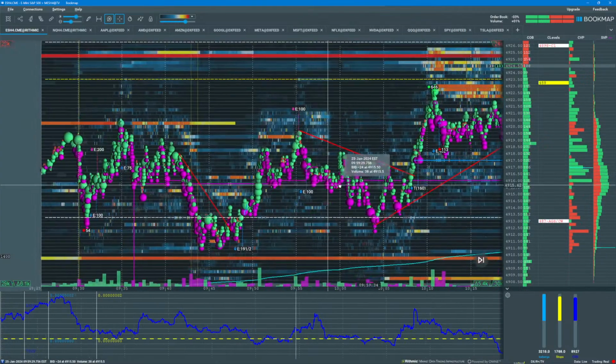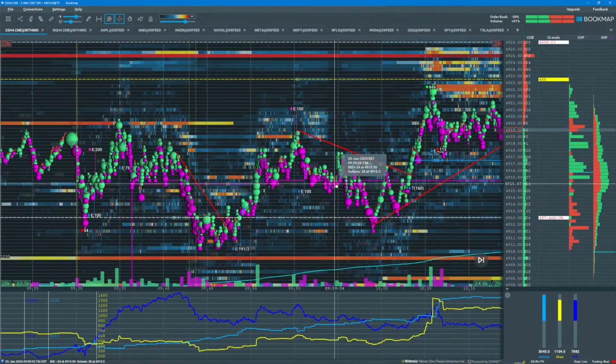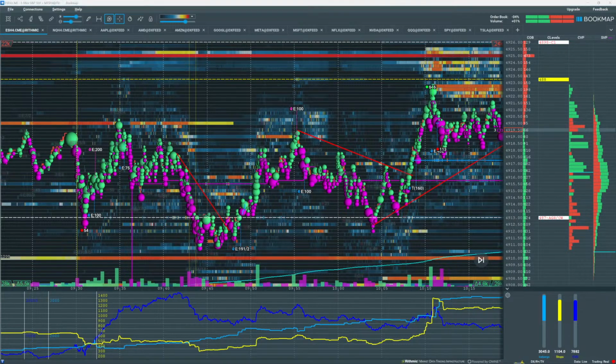Zoom in just a little bit more. So another thing I was looking at for these two long entries, here in the subchart, I've got three lines.